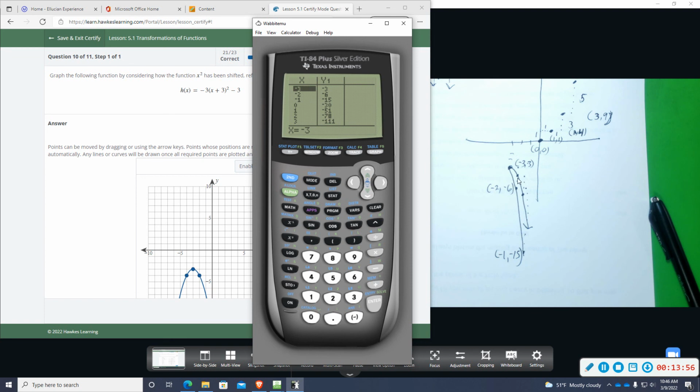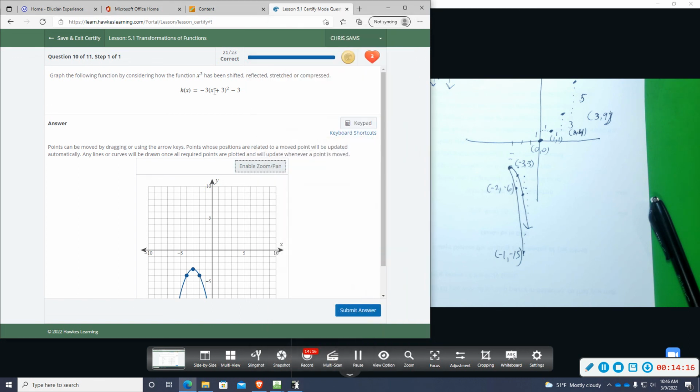Right 1, down 1, right 1, down 3, right 1, down 5. You count them by odd numbers. But whatever coefficient you have up front is going to multiply that y value and stretch it in that direction. So you see the -2, -6, and then you see the -1, -15. So those are the ones that we picked out. So that is the pattern that you go through when graphing.